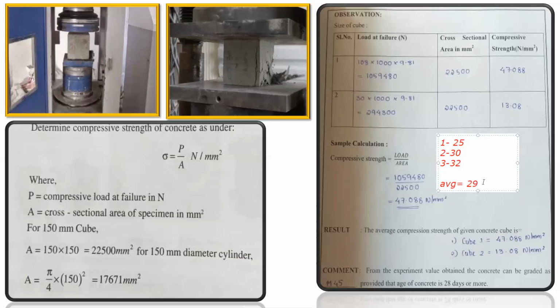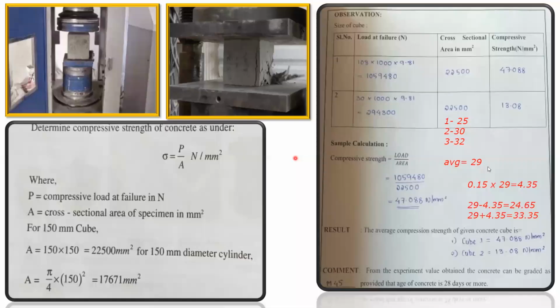Now this 29 should not deviate by 15%. That means the average comes out to be 29 newton per mm square, and this value should not deviate by 15% of your mean.